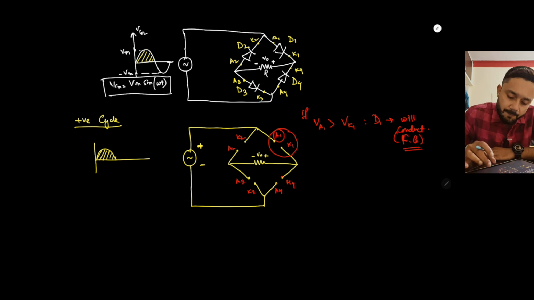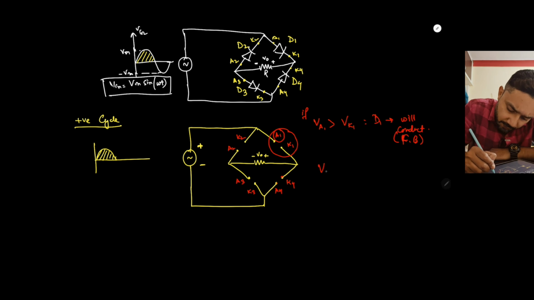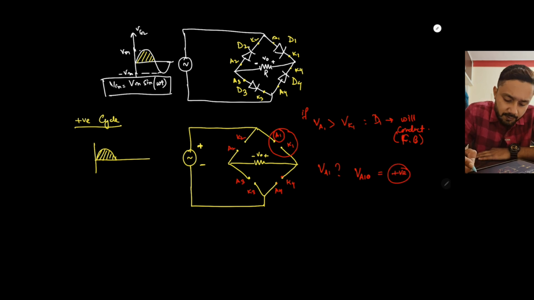Let's see. So what will be VA1? VA1 is with respect to the reference point. This is the reference point we are considering here. So VA1 with respect to the reference will be positive.